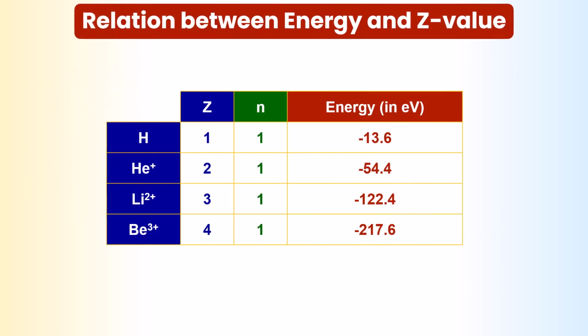Let us compare the energy values of an electron in the first orbit of different isoelectronic species. As shown on the screen, the energy becomes more negative as the value of Z increases from hydrogen to beryllium 3 plus ion. This reflects the increase in nuclear attraction acting on the electron.